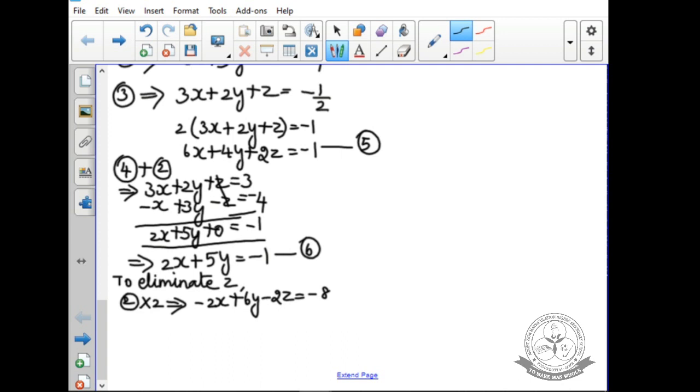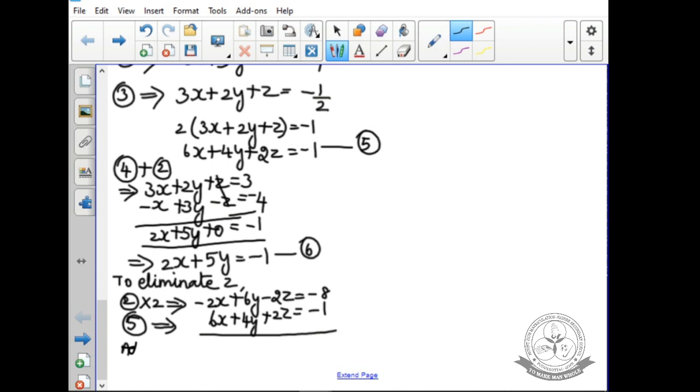Now write the fifth equation, which we got after rearranging the third equation. So write the fifth equation as it is: 6x plus 4y plus 2z equal to minus 1. Now add these two.